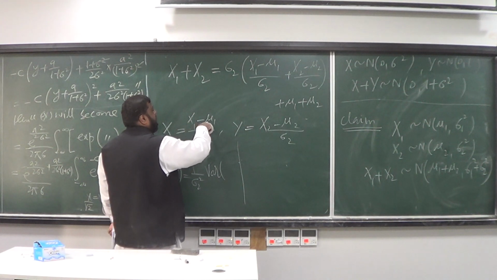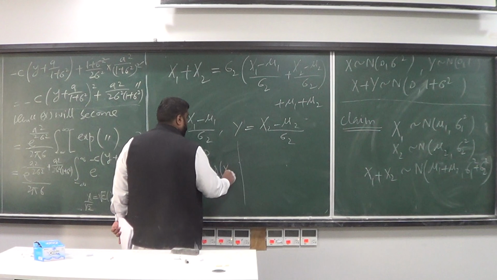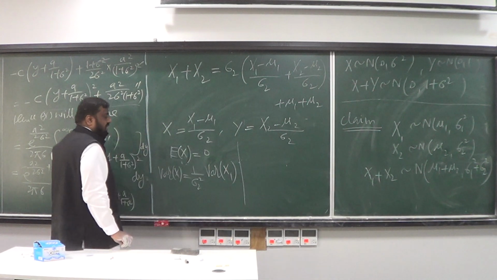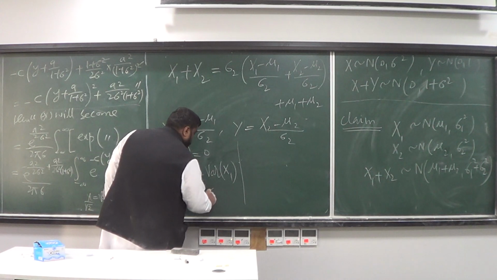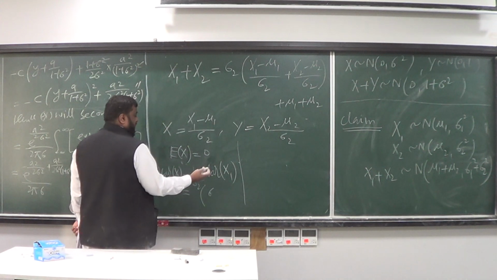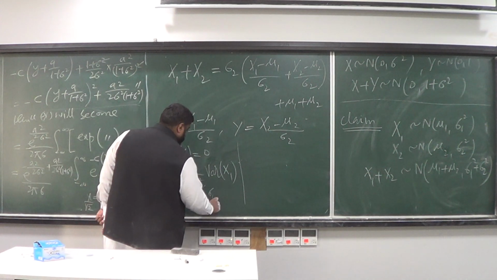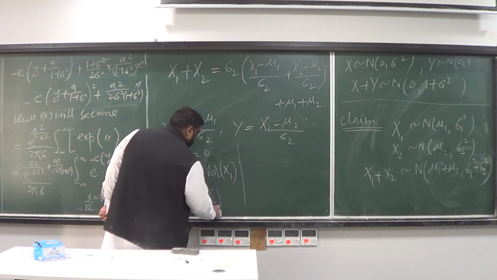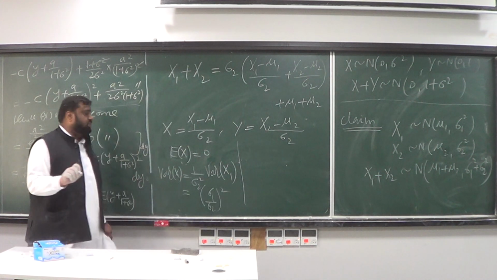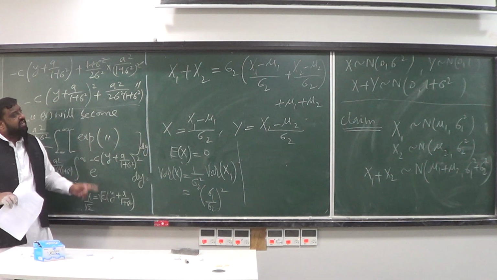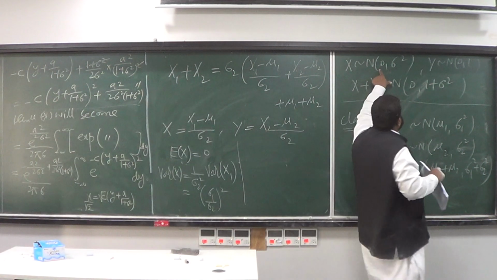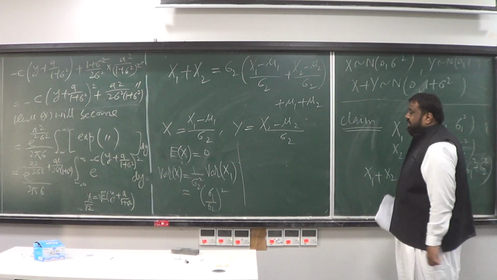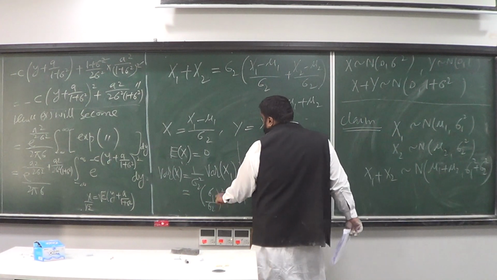The variance of mu1 is 0, so it's equal to the variance of x1, which is sigma 1 square, and hence the variance of x is sigma 1 by sigma 2 square. So I have a random variable that has mean 0 and variance sigma square, where sigma is sigma 1 upon sigma 2.